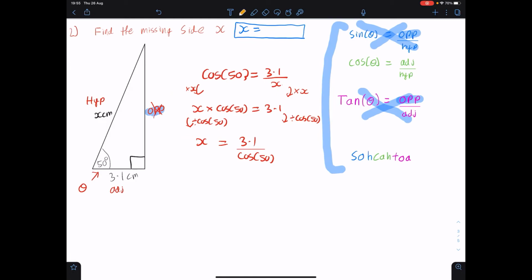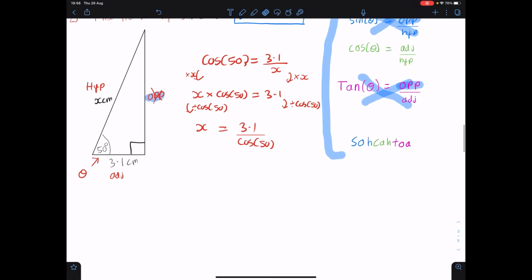And now, all we need to do is punch this into a calculator, 3.1 divided by cos 50, and make sure, again, you have the brackets around the 50. Be very careful of how you use your brackets in your calculator when you're dealing with these trigonometric functions.